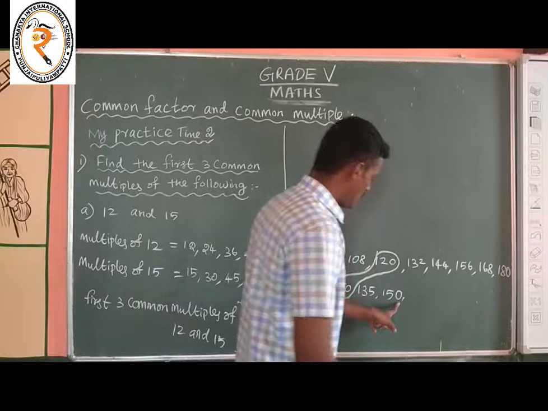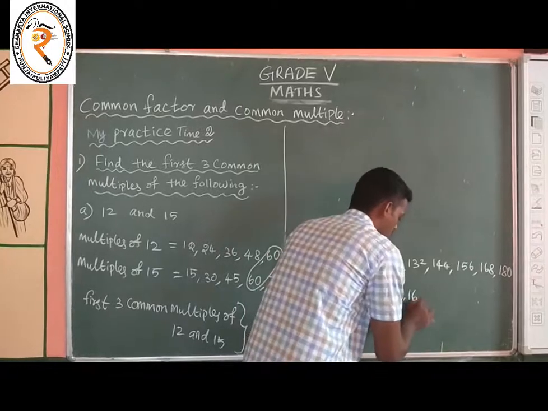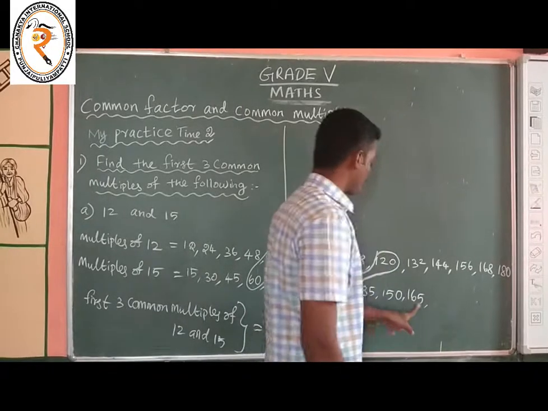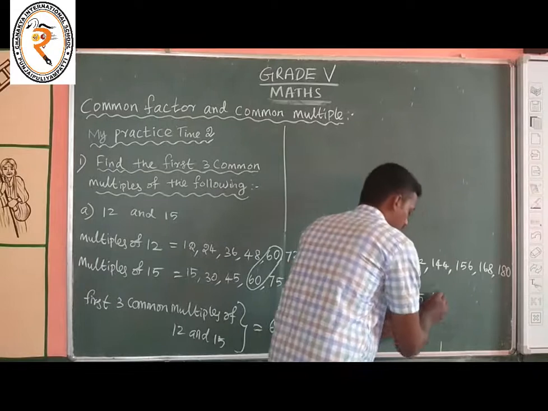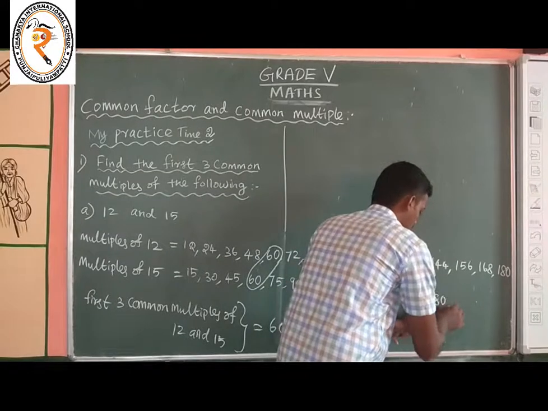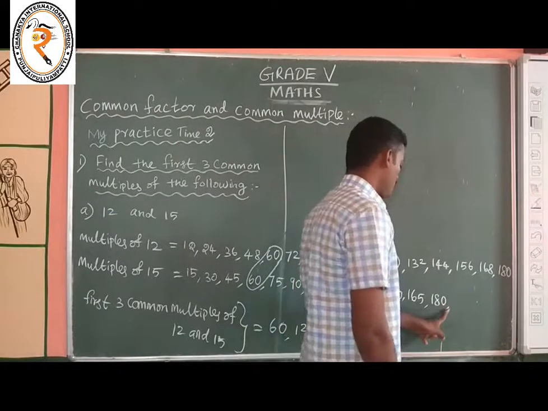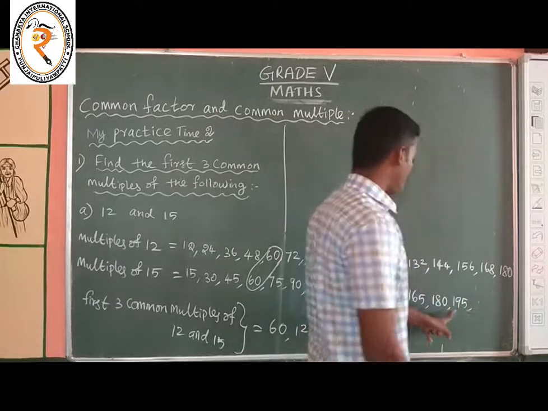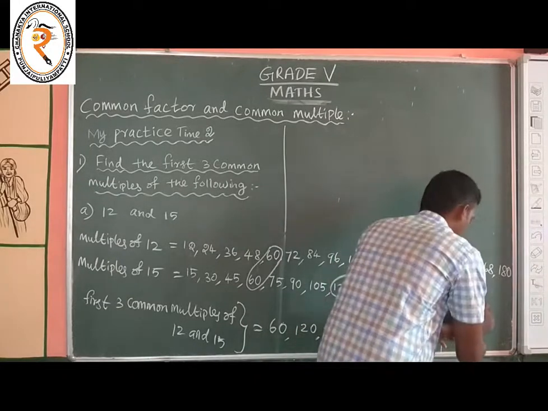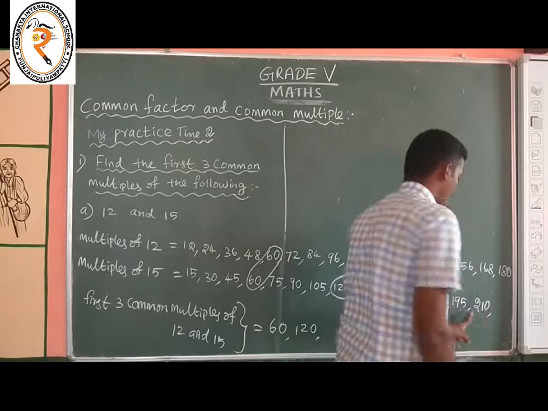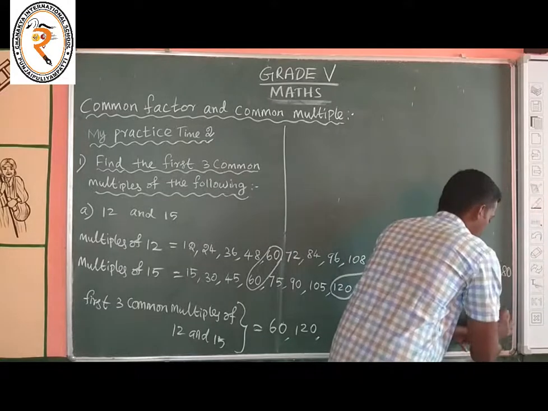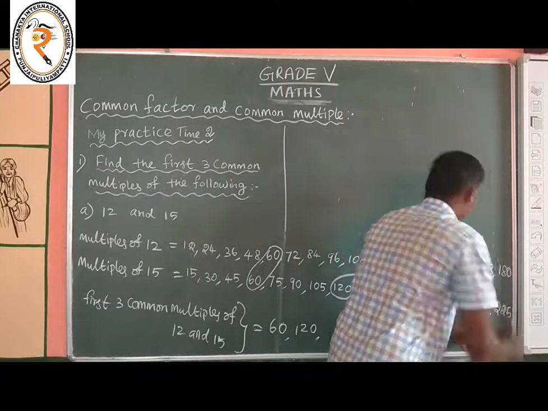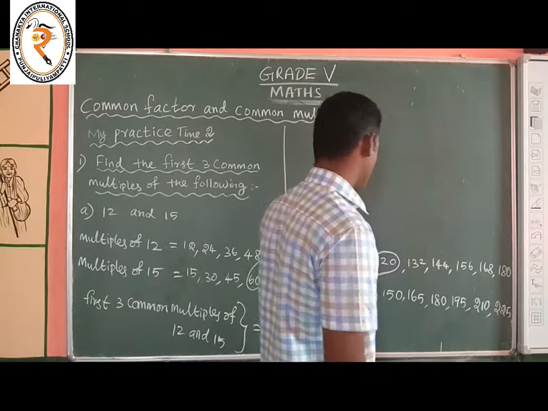Here also we extend 15s from 11 to 15. 11 15s are 165, 12 15s are 180, 13 15s are 195, 14 15s are 210, 15 15s are 225.